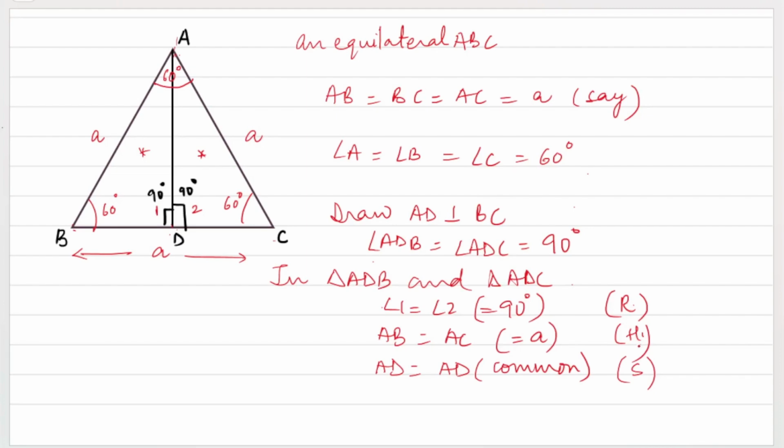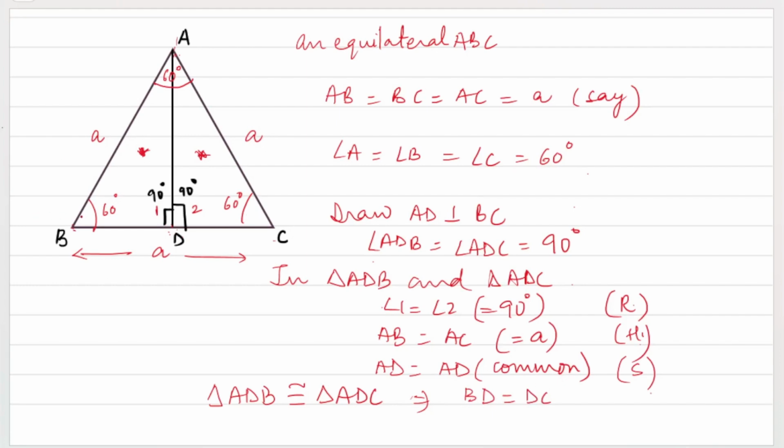So by the RHS congruency theorem, triangle ADB is congruent to triangle ADC. And when triangles are congruent, their corresponding parts are equal. So BD and DC are equal.